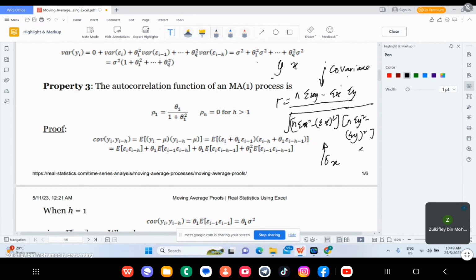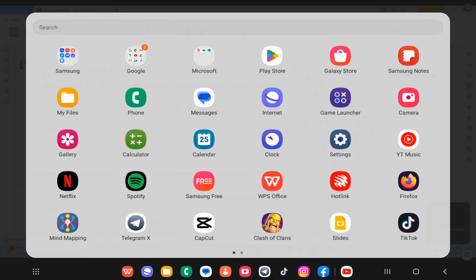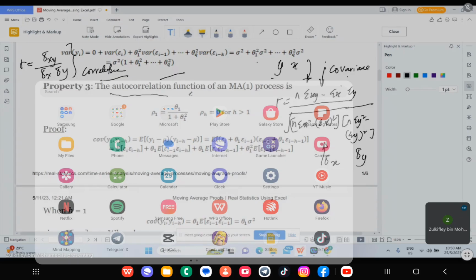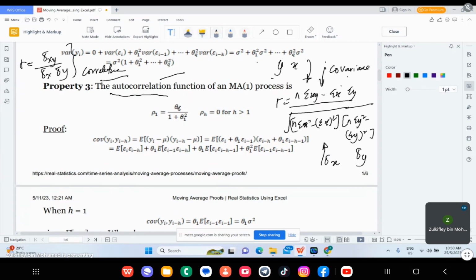This is the formula for x and y. And for this case, in time series we do not say correlation, we say autocorrelation. Autocorrelation is the term in time series. In normal applications we say correlation, so in time series the correlation is known as autocorrelation. Then because we have the equation, its name becomes a function.